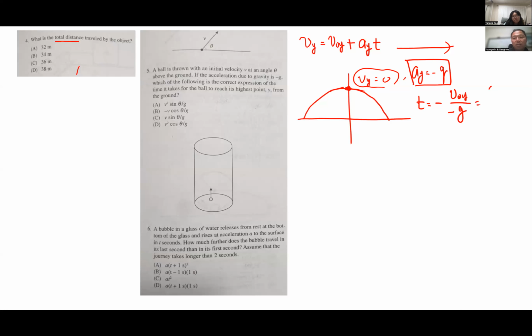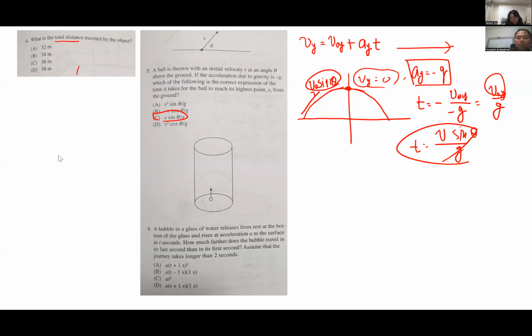So that is V0y over g. And now V0y is what? The initial velocity V0 times sine theta. So you just plug that into this equation. Then the time t is V0 sine theta over g. Very straightforward. So that is C.